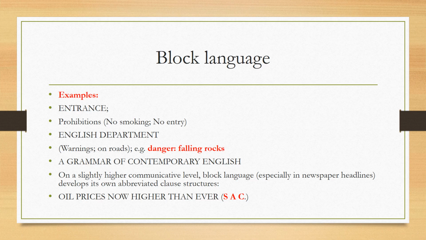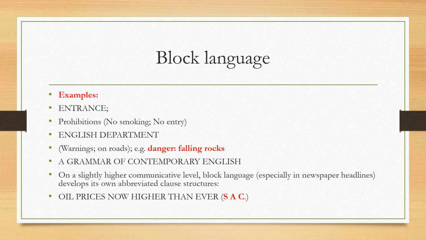Okay, for example, oil prices now higher than ever. This is a headline of a news item written in a newspaper. Because they need to be brief, the headlines especially try to be brief in order not to take so much space.